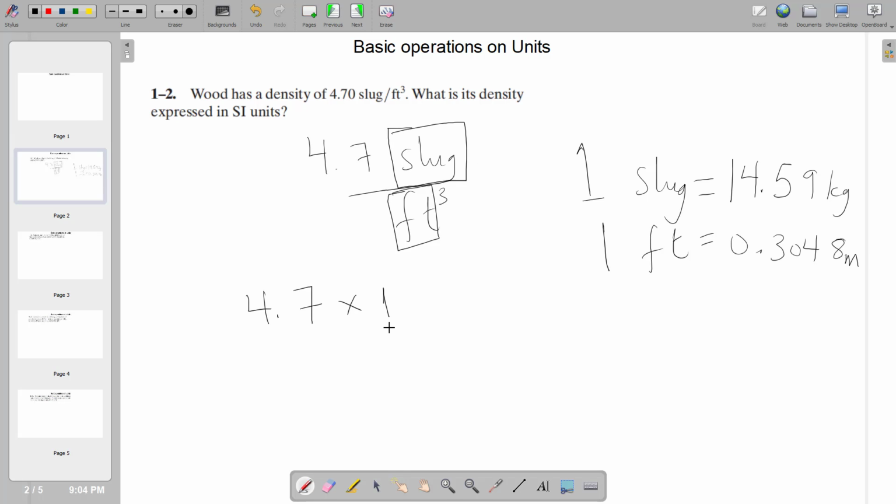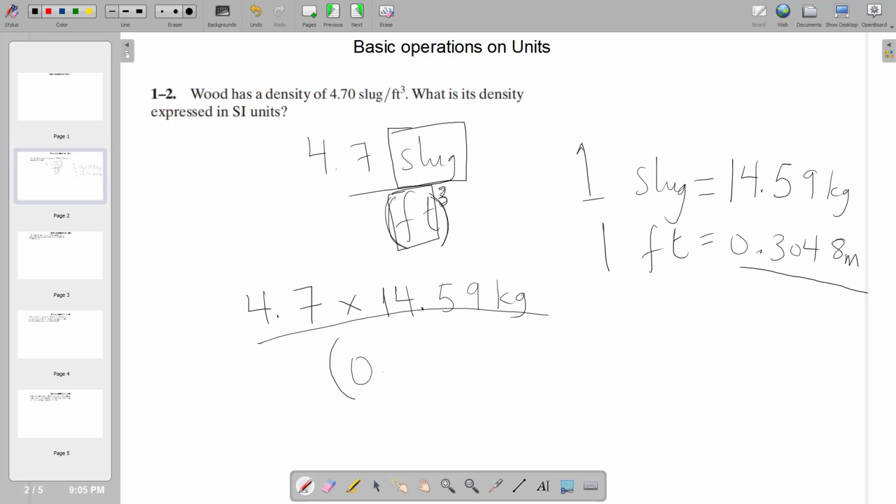Now we have cubic feet, and this cube is affecting this whole unit. So in your substitution, you're actually going to insert the cube of 0.3048 meters.